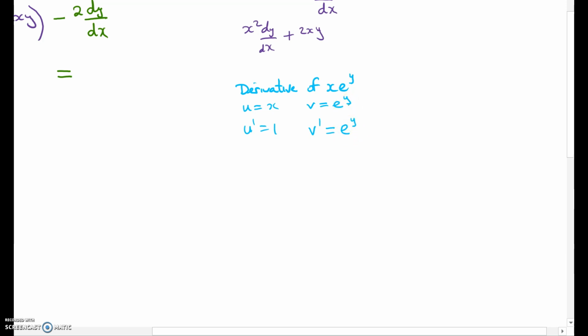Well, the exponent is y, the derivative of y is dy dx. So this is going to be x times e to the y dy dx plus 1 e to the y, or just plus e to the y.